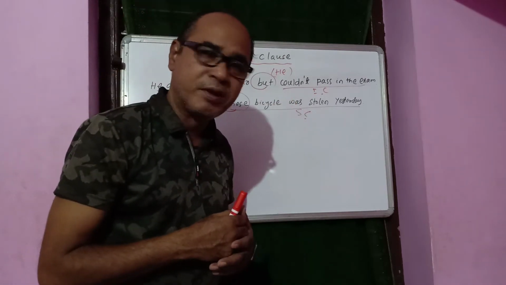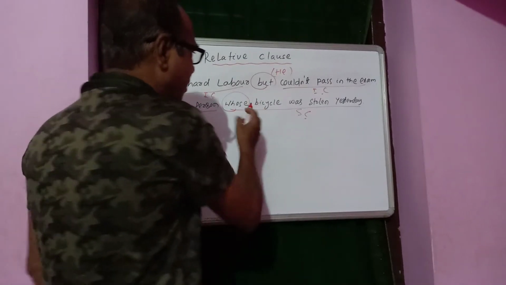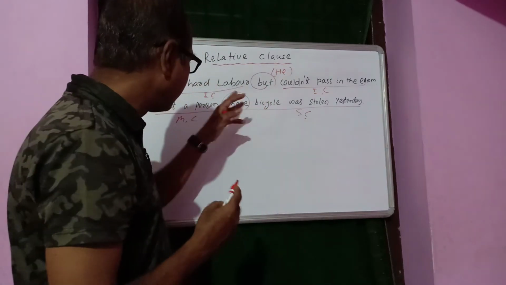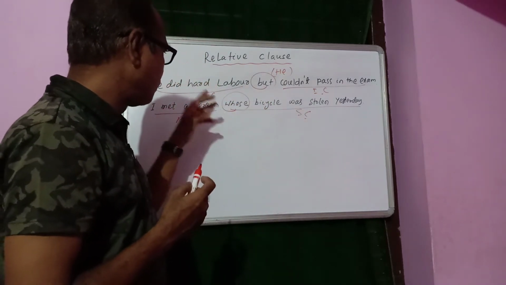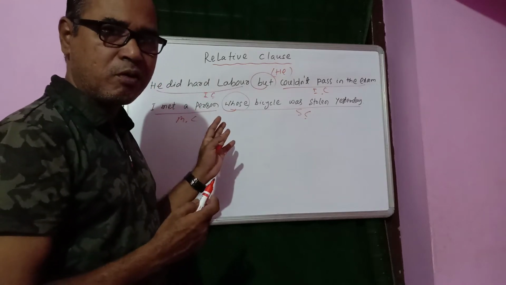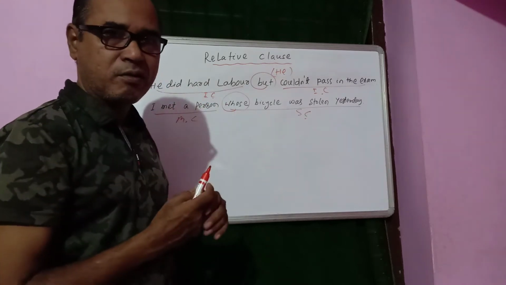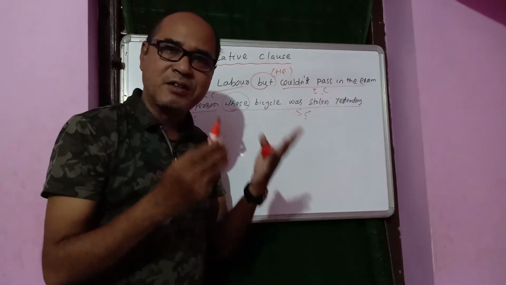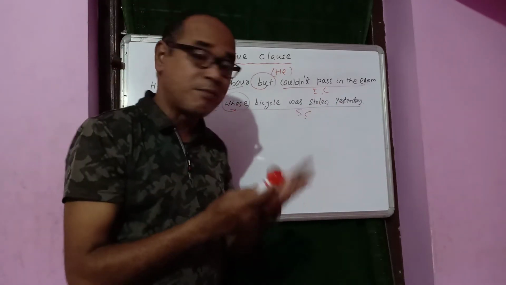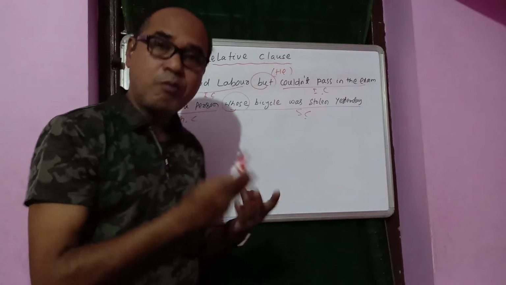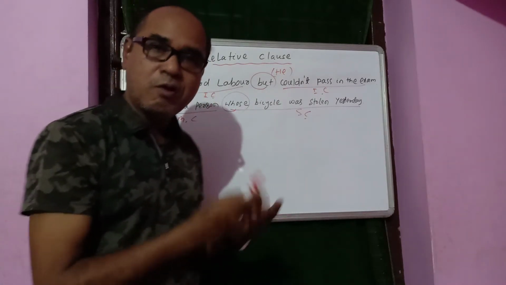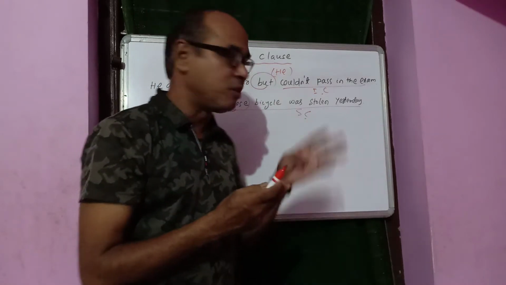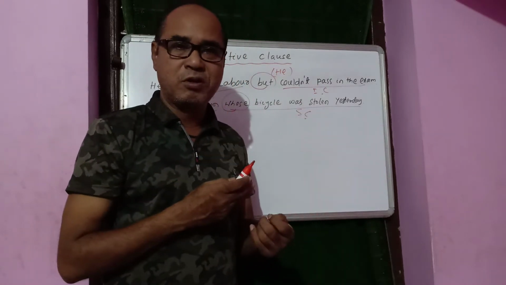You see, this subordinate clause gives specific information, gives information about a person. That's why it is used as an adjective. This clause is used as an adjective. An adjective describes a noun. Person is a noun. As it describes the noun, it is used as an adjective. This clause is called an adjective clause.